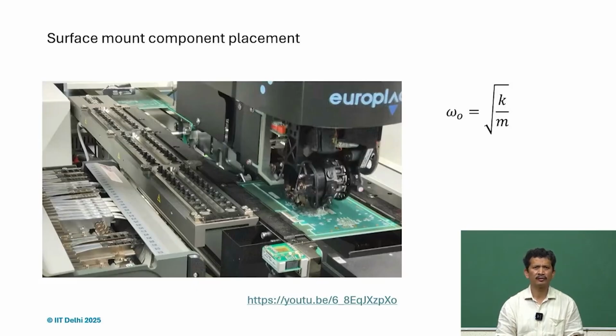And therefore, this omega 0 value, which is a function of k by m, a square root of k by m. So, higher k and lower m.